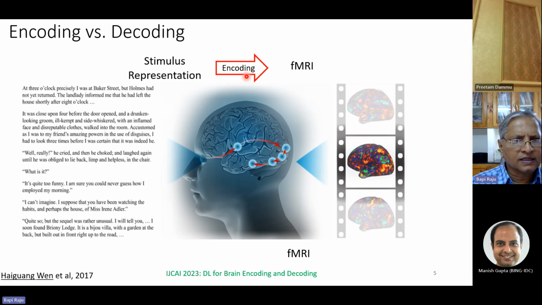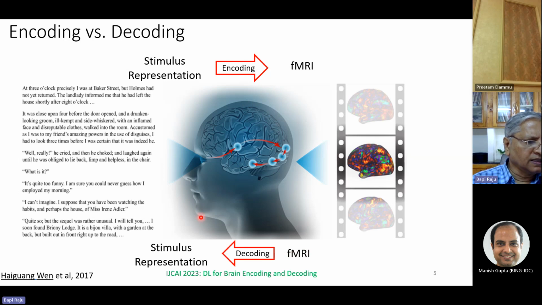Encoding models can be interpreted as process models, constraining computational theories of the brain. On the other hand, decoding takes brain activity and tries to predict the stimulus representation or stimulus category, or actually reconstruct the stimulus.